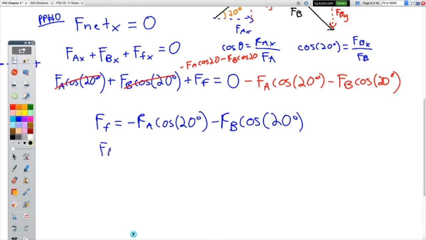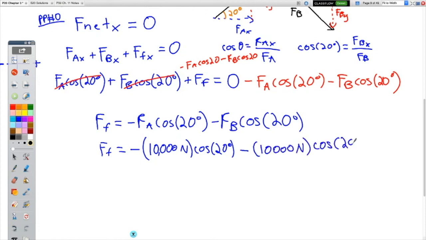We know all these things, so we can plug them in. Negative, what's the force applied by tractor A? Well, it's positive. This negative here is not part of that. It's positive 10,000 newtons times cos of 20 degrees, minus, again, FB is 10,000 newtons times the cos of 20 degrees.